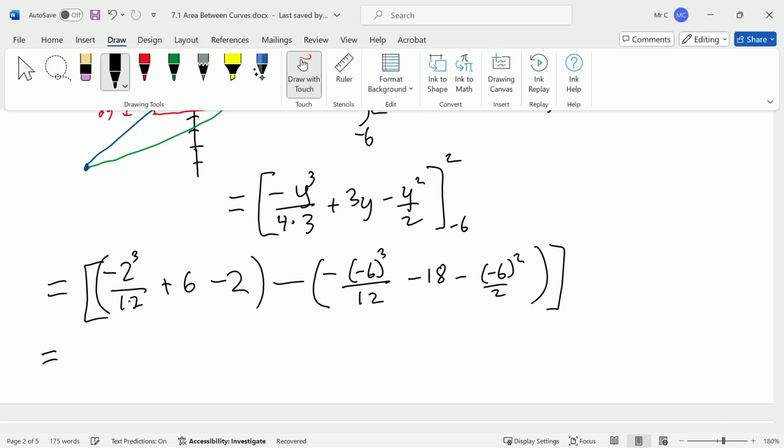This is -8 over 12, that's -2/3, plus 6 minus 2, that's plus 4. And here we've got, well, this one's a little bit of a mess, -6 cubed. It's going to be a -216. Should probably double check that one real quick. Let's see.